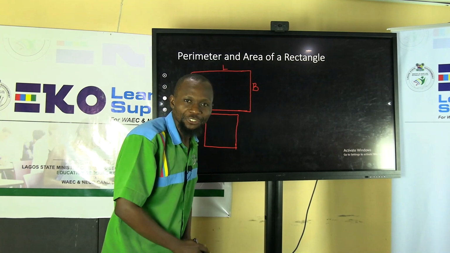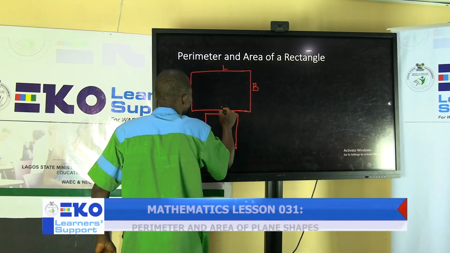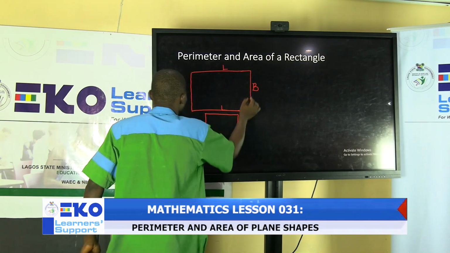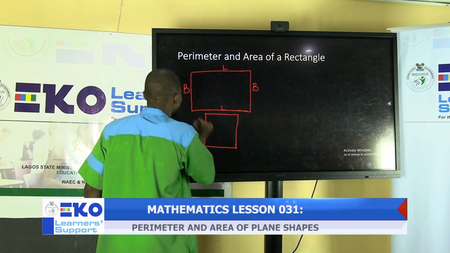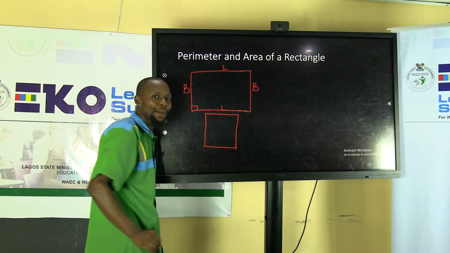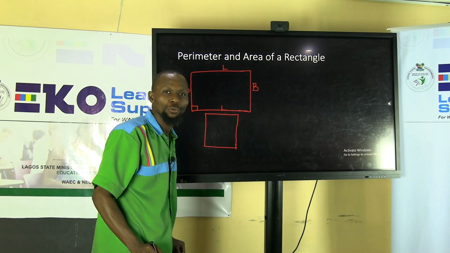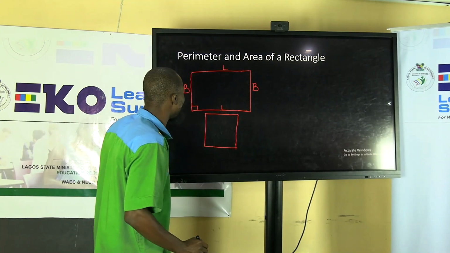The length, opposite sides are equal and parallel. So if this is the length, it's also length. Breadth, breadth. And in that case, we also have adjacent sides are perpendicular. That's one of the properties of a rectangle. Alright.